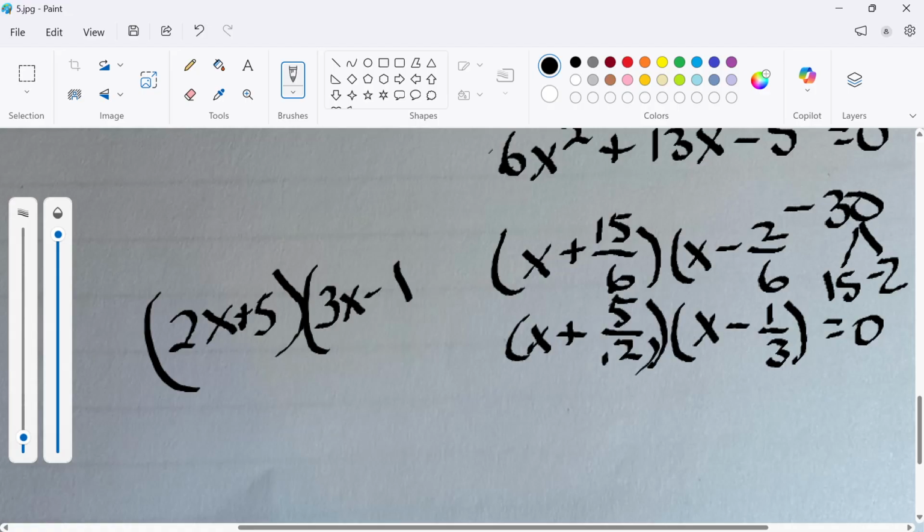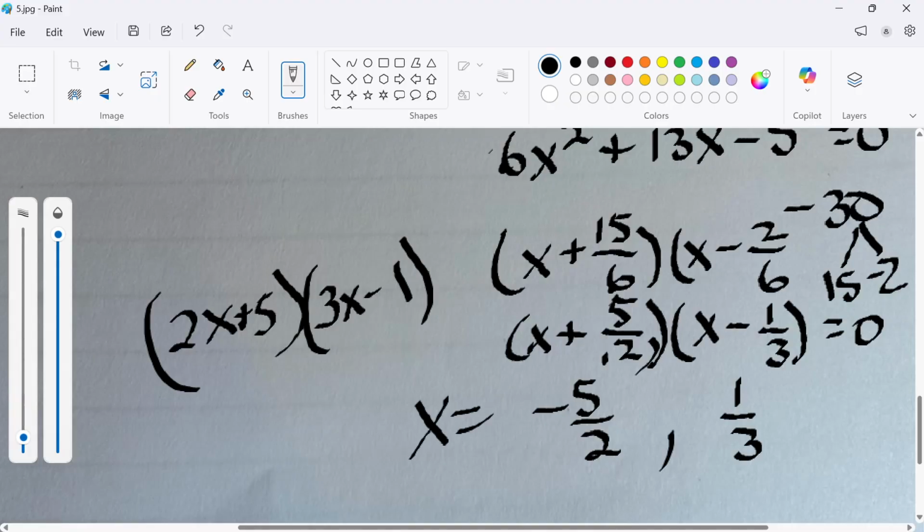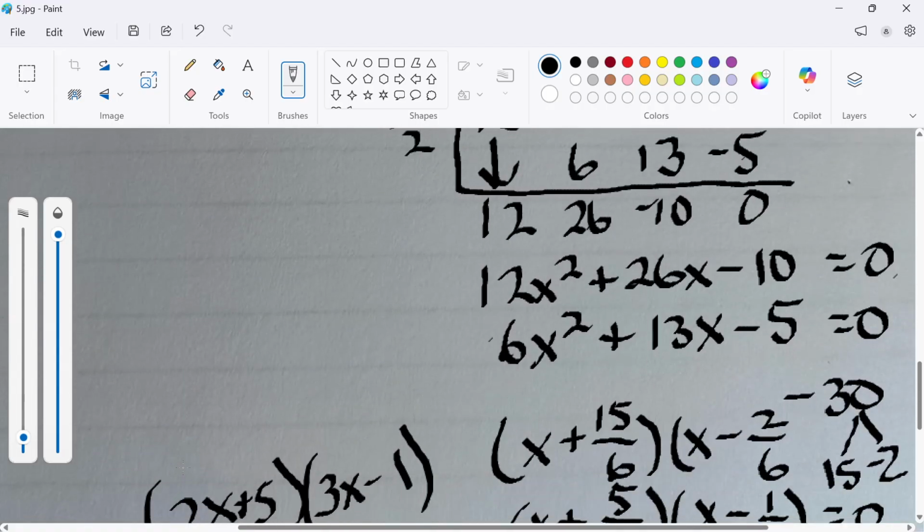Whatever's left in the denominator that I can't simplify more, I just put it with the x. But I don't want the factors. I want the 0, so I'm just going to set each one equal to 0. So x plus 5 halves, subtract 5 halves from both sides, negative 5 halves. x minus 1/3, add 1/3 to both sides, 1/3. So x equals negative 5 halves, 1/3, and 1/2.